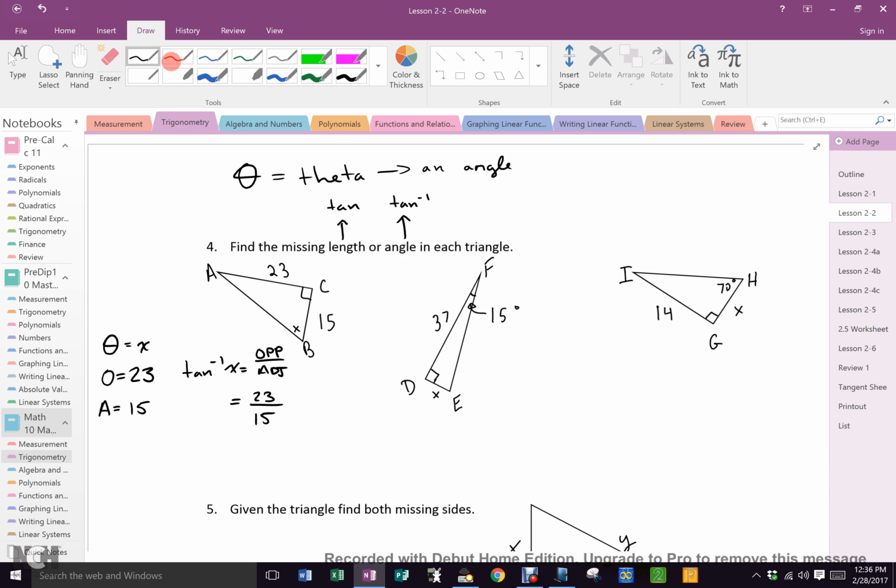Mine, I go shift, tan, bracket. Now what do I punch in? 23 divided by 15. Close brackets equals. If you have a backwards calculator, what do you push? Bracket. 23 divided by 15, bracket, shift, tan. And you may or may not need to push equals. So what is the answer there?